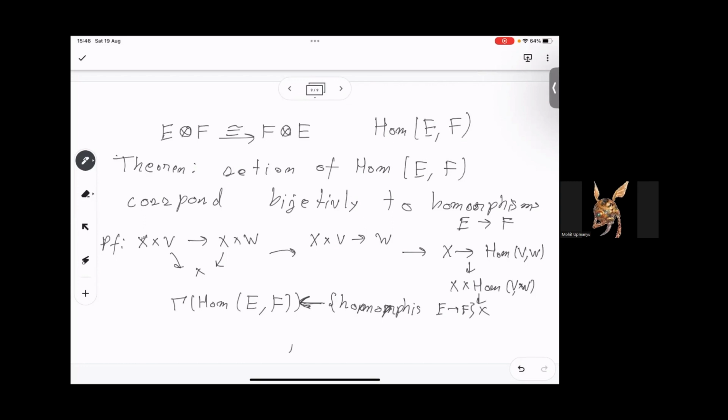Right. So if I have a homomorphism from E to F, we take that homomorphism and evaluate it on x. We look at what is the value above x, and we send x to φ(x), just the value above x. Yes, just this.